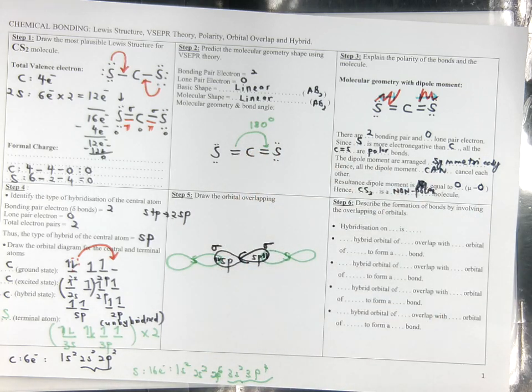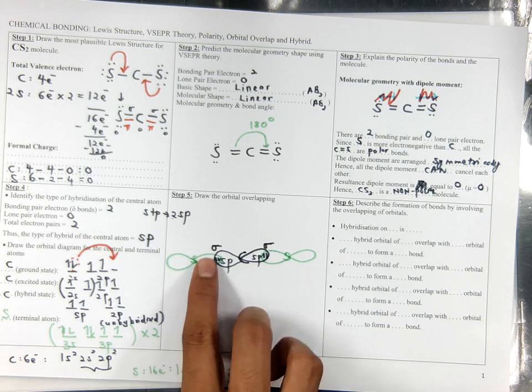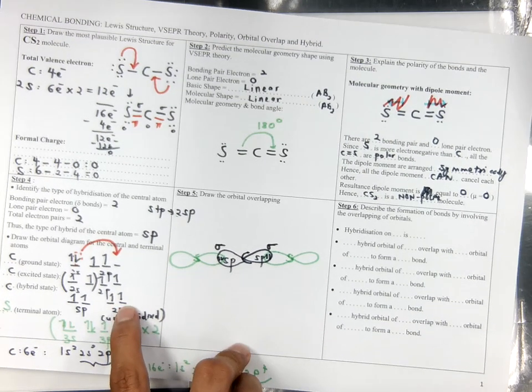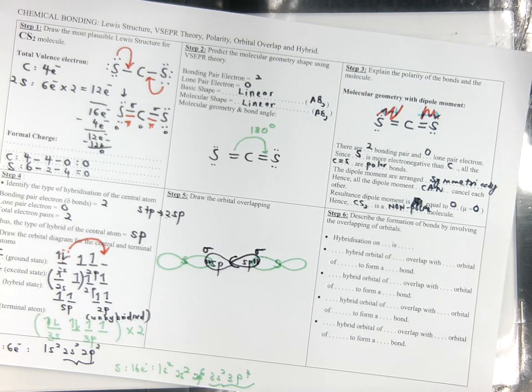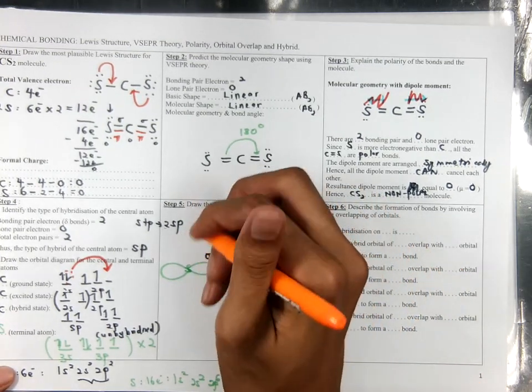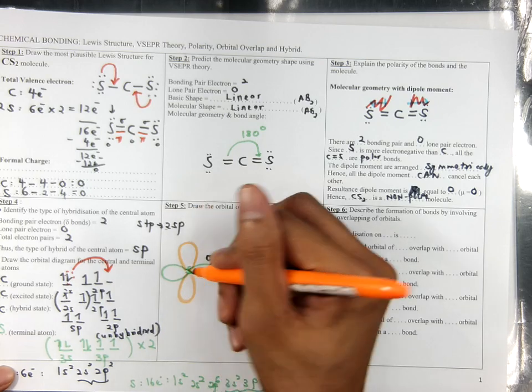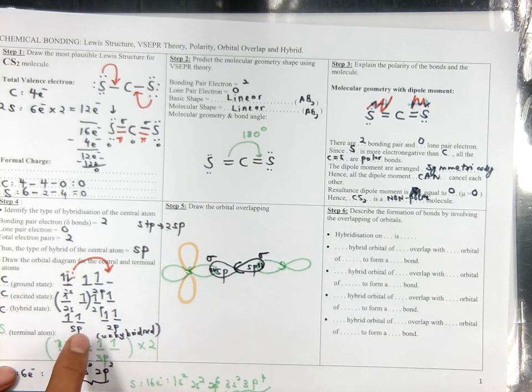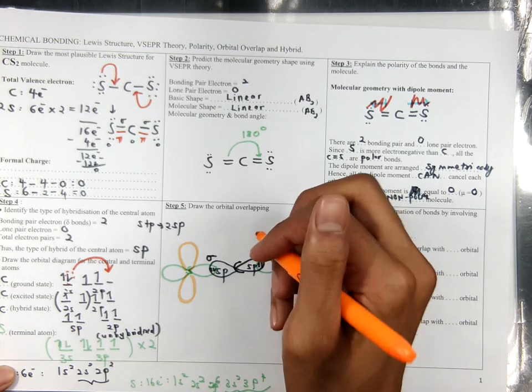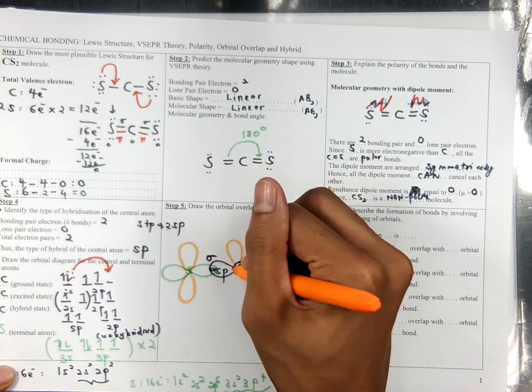At the same time, sulfur also has another orbital, an unhybridized orbital, which it can use to form pi bonding. So the 2p orbital that came from sulfur can also make bonding with the unhybridized orbital of the carbon atom, which is from the 2p orbital as well. So I can also draw it here.